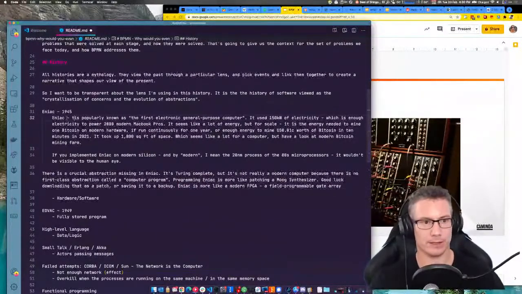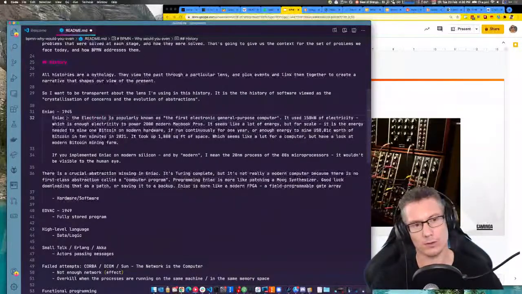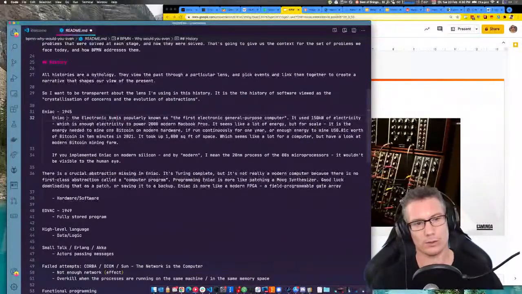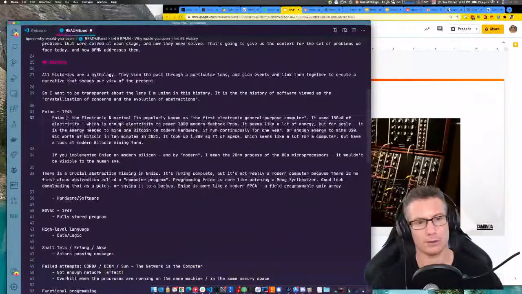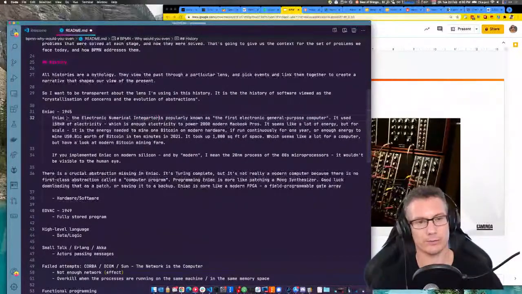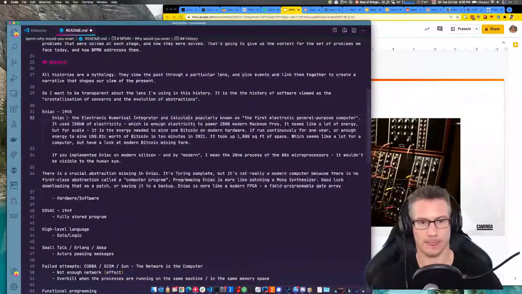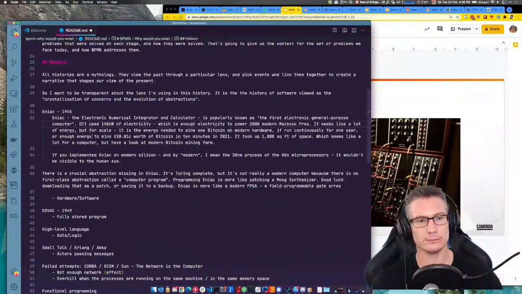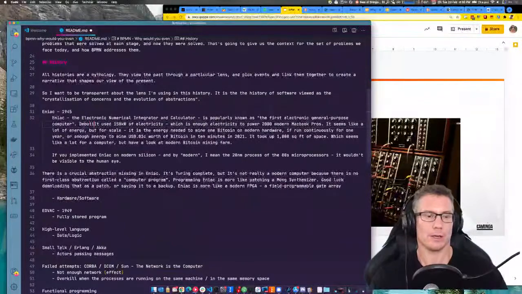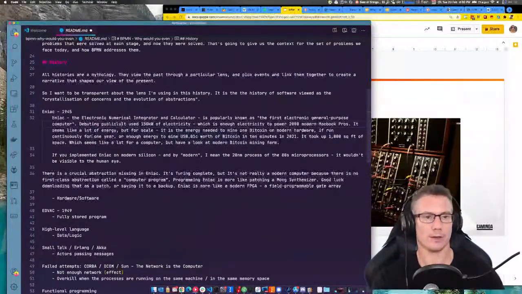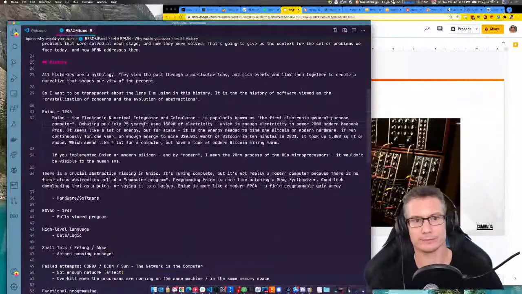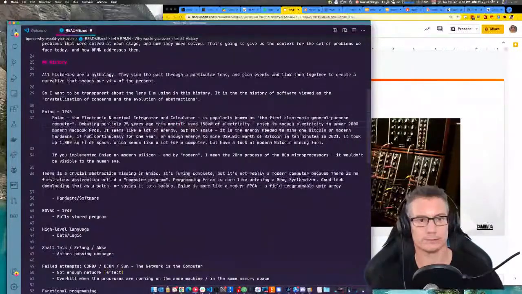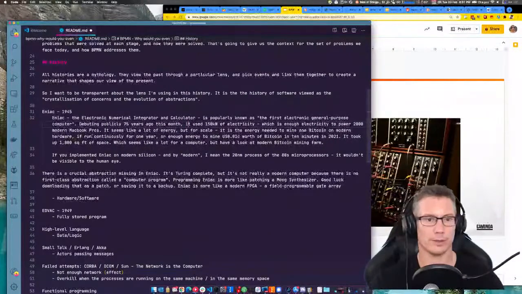ENIAC, the electronic numerical integrator and calculator. Okay, debuting publicly 75 years ago this month. There we go.